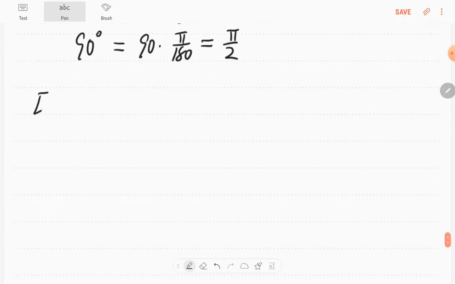Let's look at going from radians to degrees. Let's start with some special angles.